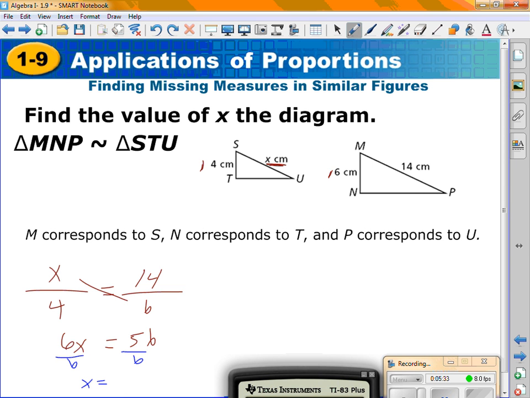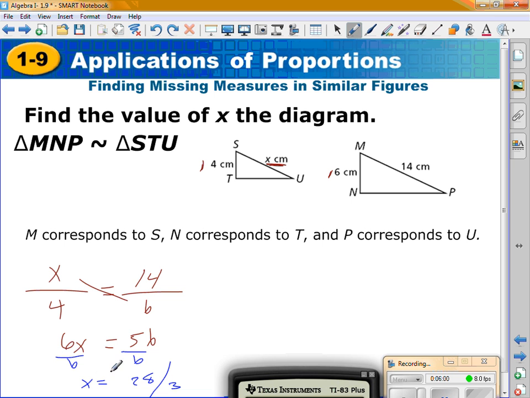x is equal to, does 6 go into 56 evenly? No. What do I know has to go into both numbers? 2. Why does 2 have to? Because they're both even. Half of 56, 28. Half of 6 is 3.